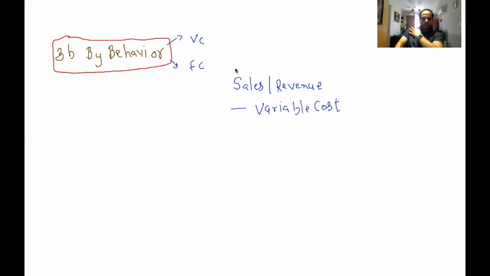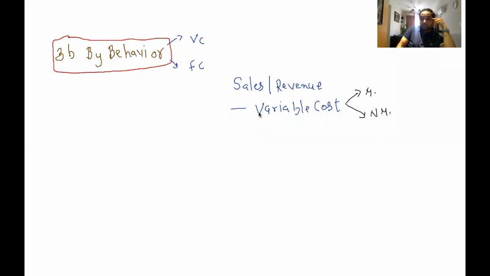In this total variable cost, we have manufacturing variables: direct material, direct labor, direct expense, and non-manufacturing, which is marketing, advertising, packaging, labeling, distribution, right?